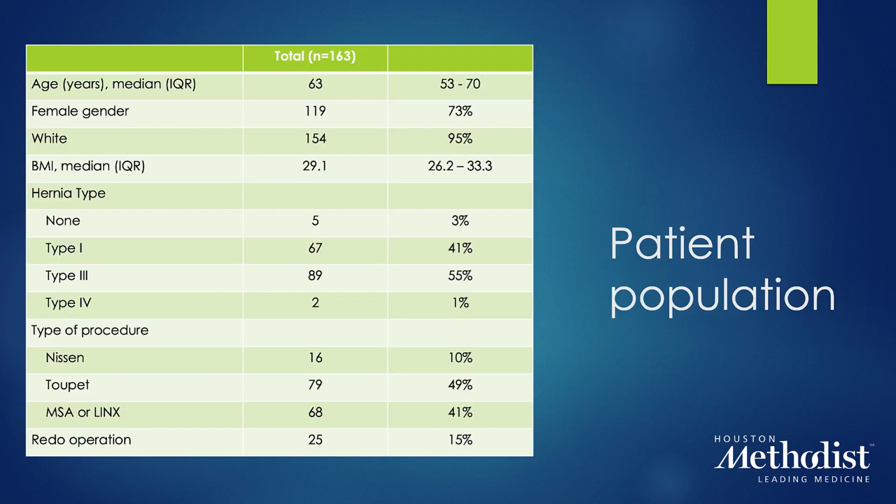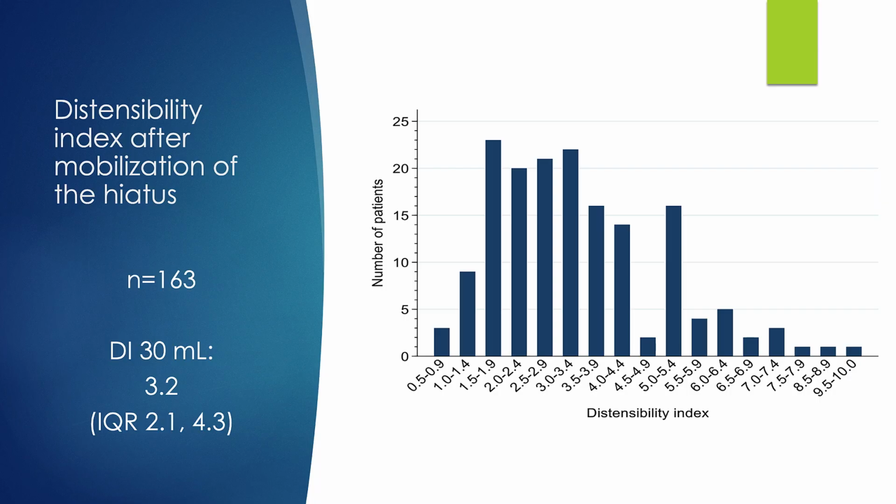In our study, we had 163 patients, most of them having type 3 hiatal hernia, with 79 patients undergoing toupe fundoplication and 68 patients undergoing LINX placement. When we evaluated the initial DI for this group of patients, we found that the median DI with 30 milliliters of balloon was 3.2.